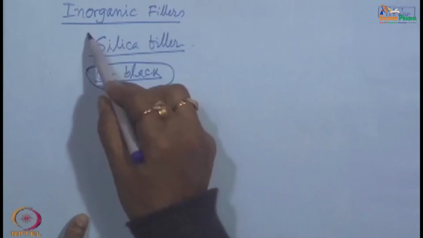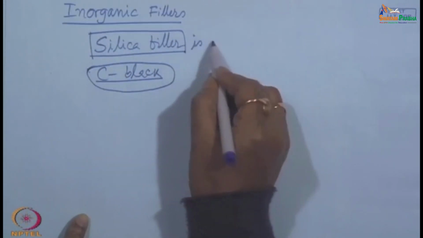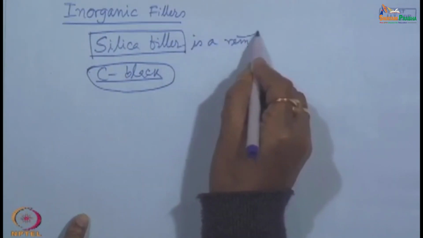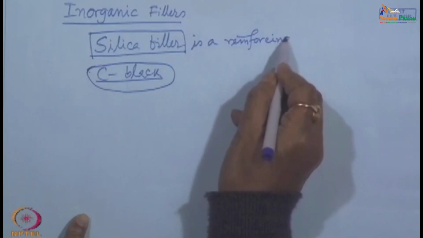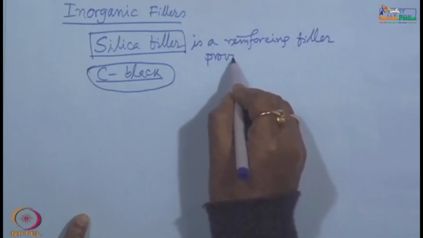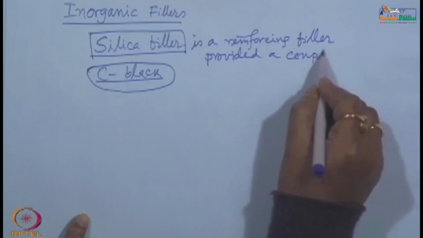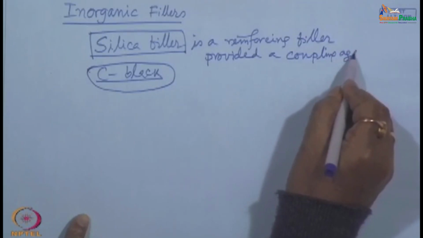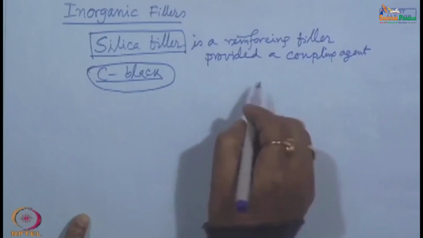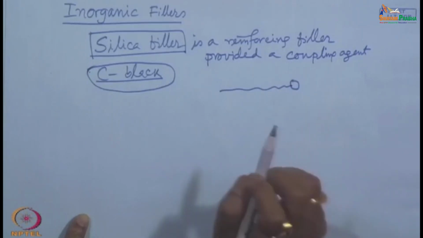In order to use silica as a reinforcing filler, a coupling agent is used. What is this coupling agent? A coupling agent will have two parts.